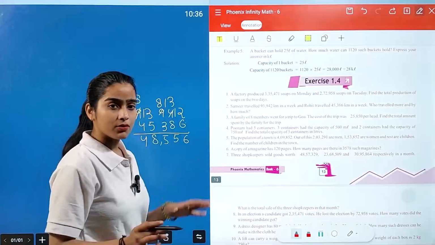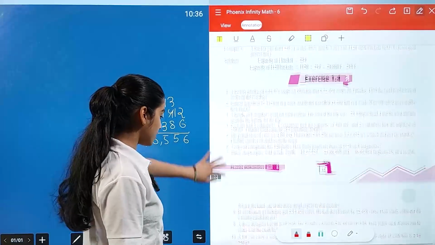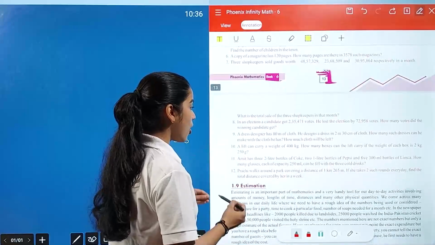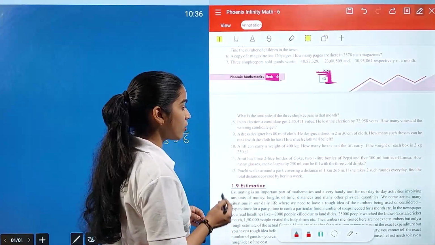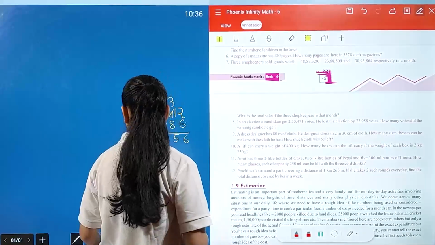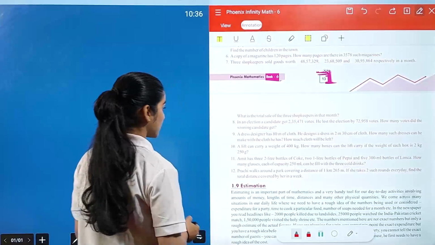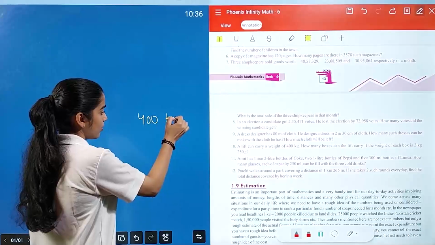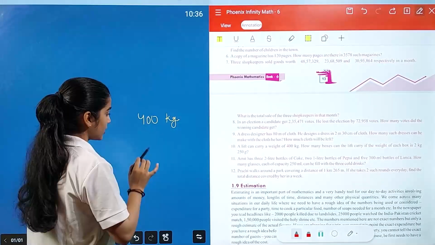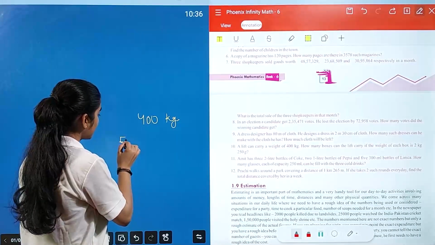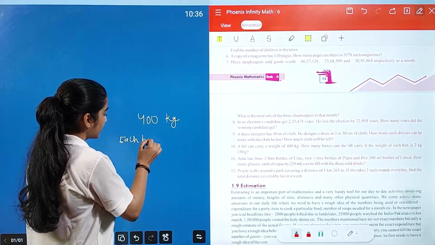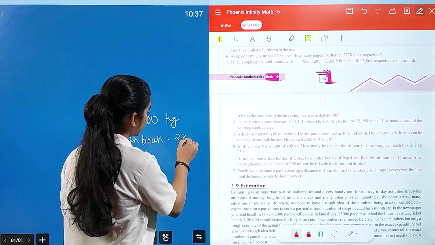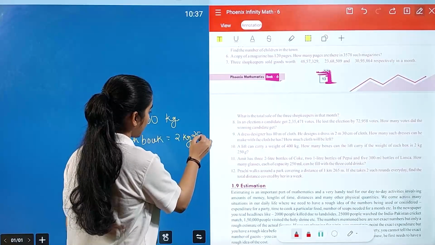So in the same way you have to solve the rest of the questions you have, but take one more question. A lift can carry a weight of 400 kg. How many books can the lift carry if the weight of each book is 2 kg 250 gram? So first what we have to do? We have 400 kg load capacity of the lift, and each book weighs 2 kg and 250 gram.